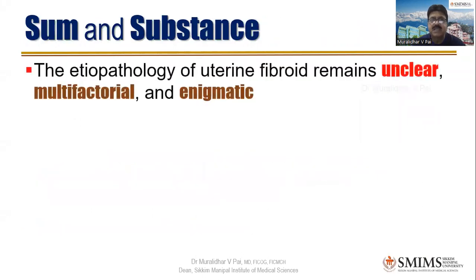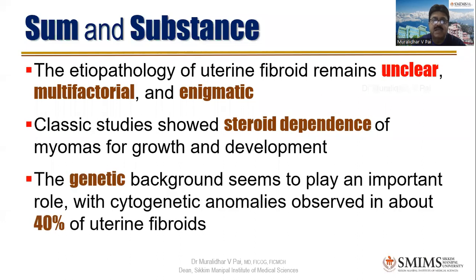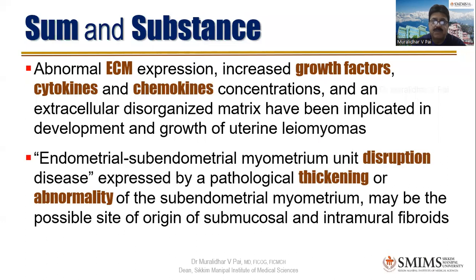So sum and substance, the etiology of uterine fibroids remains unclear, multifactorial, enigmatic. Classic studies showed steroid dependence of myoma growth and development. The genetic background seems to play an important role, and cytogenetic anomalies are observed in about 40% of uterine fibroids. Abnormal ECM expression, growth factors, cytokines, chemokines, all are important.